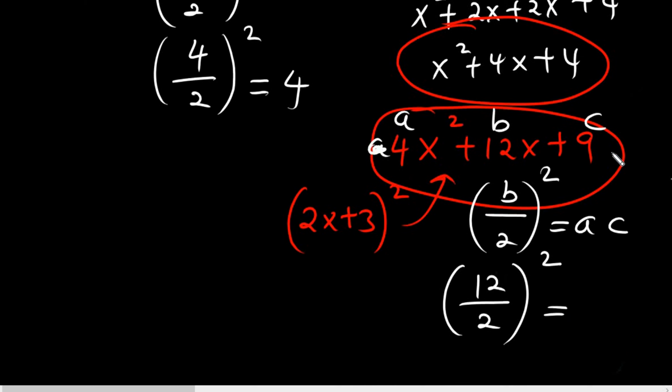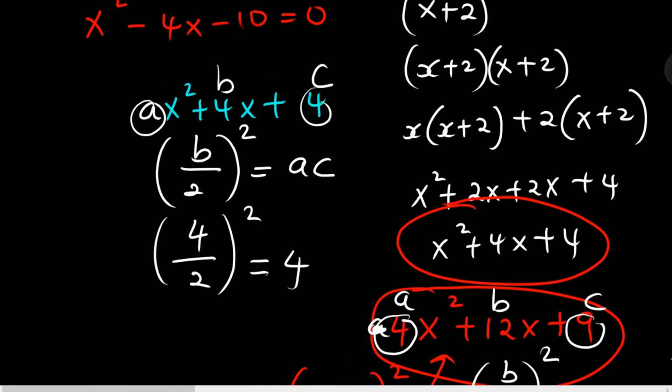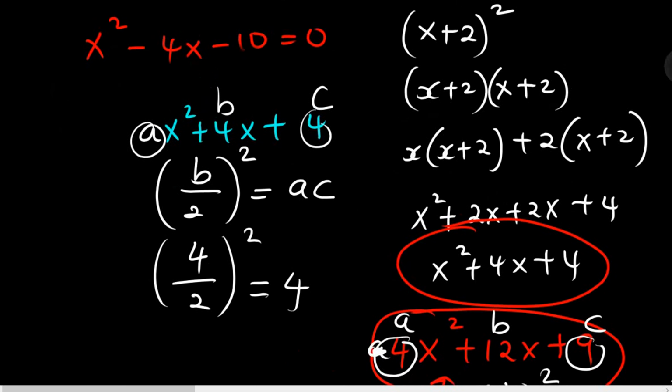So let's see whether it's true. b is 12, 12 divided by 2 is 6, 6 squared is 36. Then, what about 4 times 9, that is a times c, it is 36. So you can see that relationship holds, okay? And we are going to use it in this method.